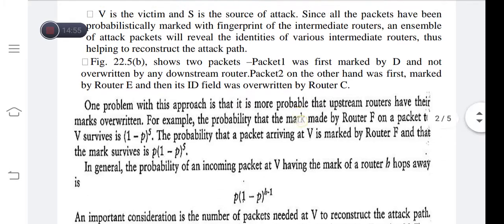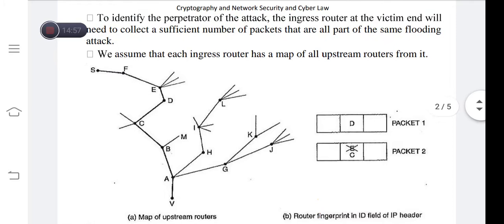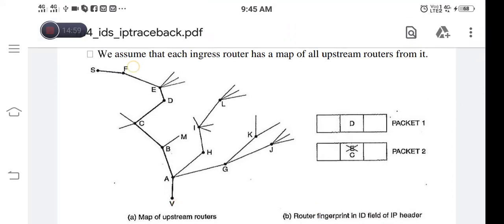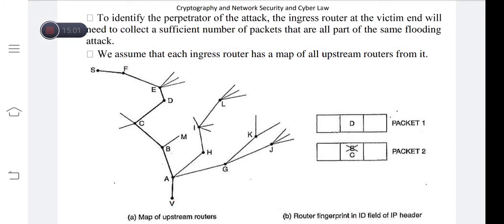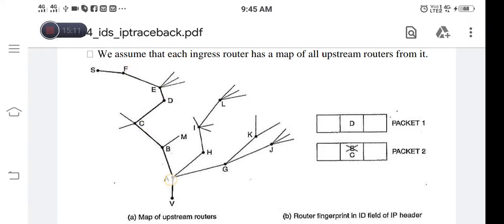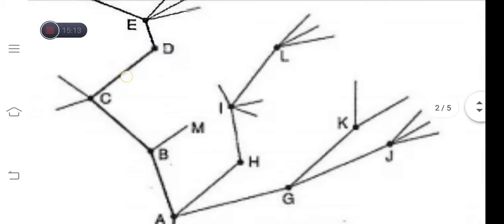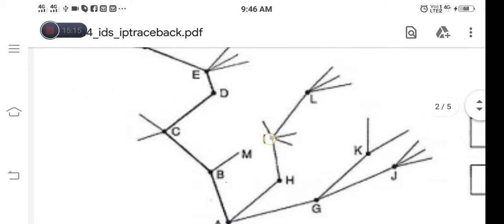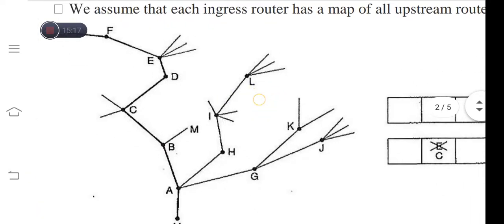So in the diagram, if I consider the victim is here and router F is here, at what distance is router F present? Router F is present after A, B, C, D, E and F, that is at the 6th position: 1, 2, 3, 4, 5, 6. F is at the 6th position from the victim.